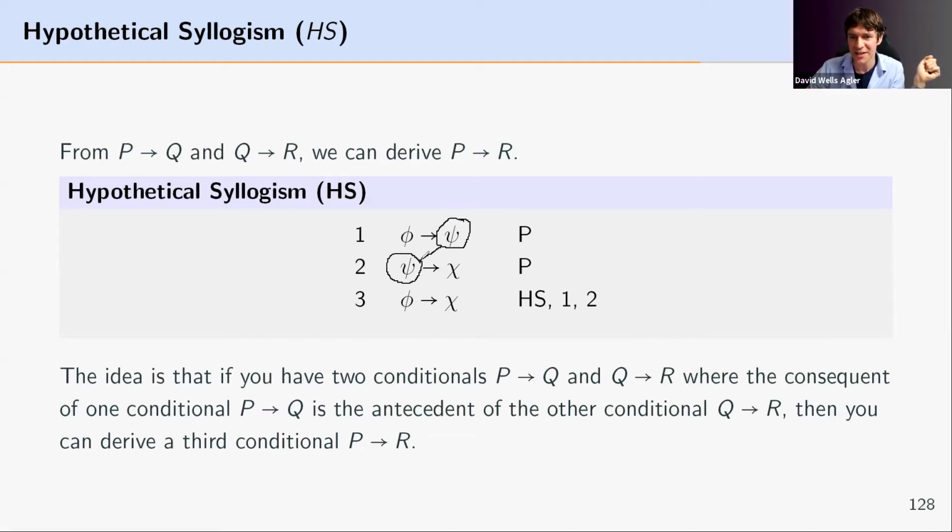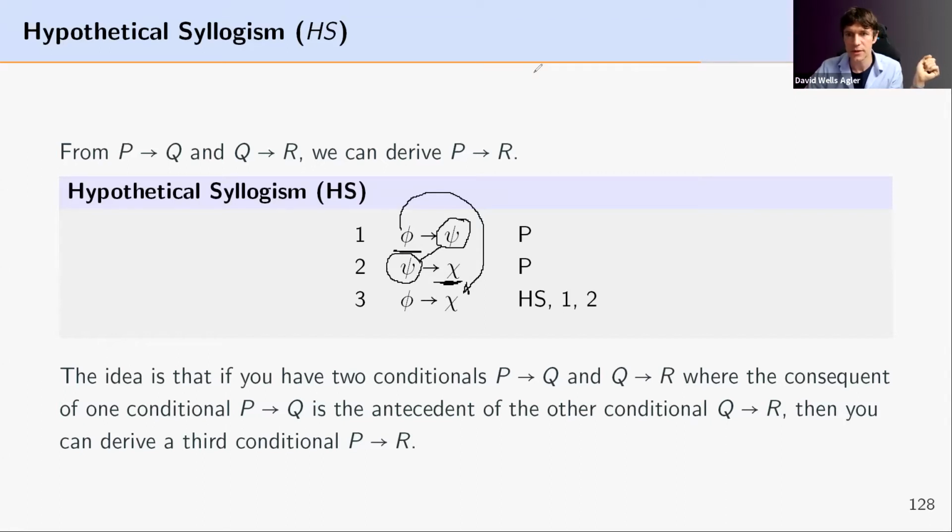So you have these parts of the conditionals that match. And so given that you have this match, you can reason to another conditional, which is if this part, then this part. So you'll see that you reason from this phi to this chi right here.